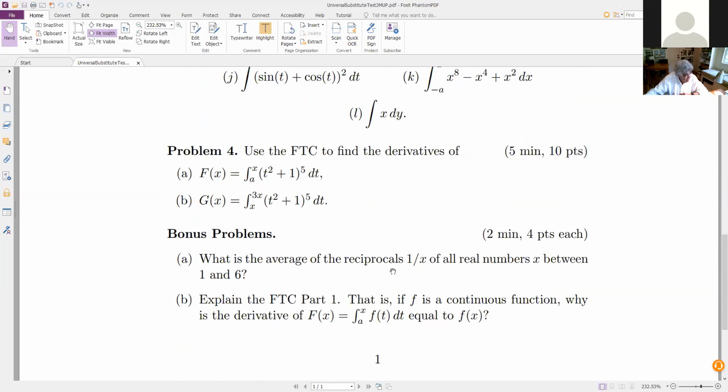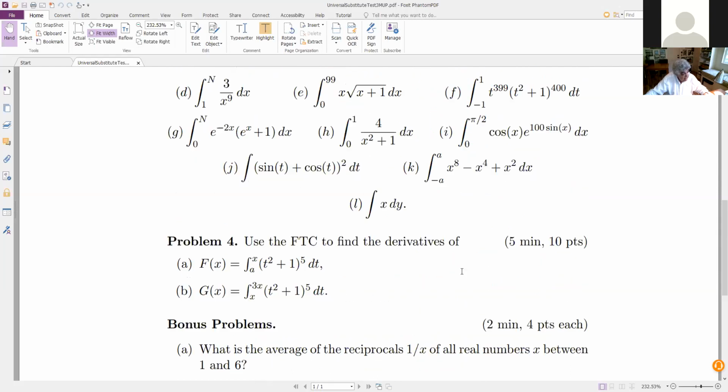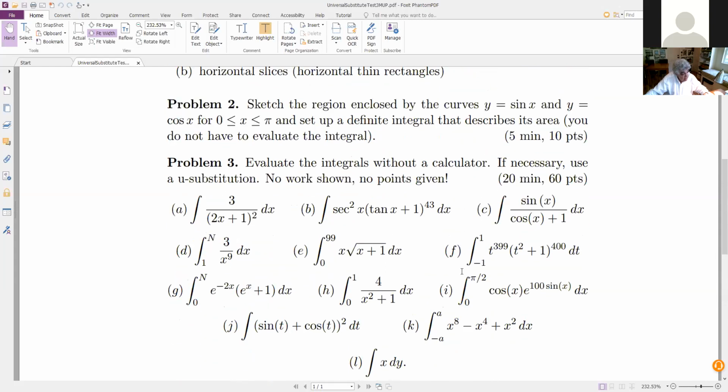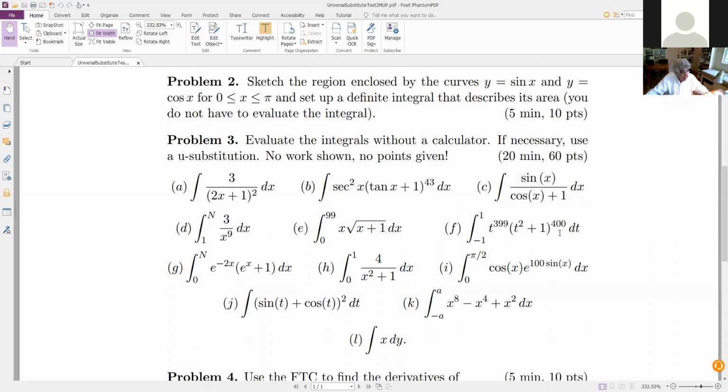And then, if time permits, I want to do the bonus problem B, the proof of the fundamental theorem of calculus. And I want to do this because it's relevant for the final exam. Okay, so the main thing today is problems 1 and 2. And as a warm-up, I start now with problem number G from problem 3.